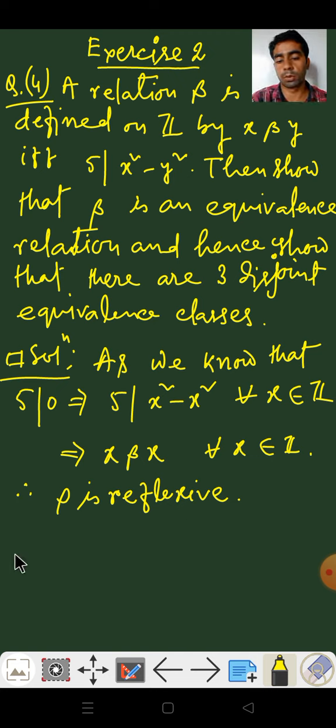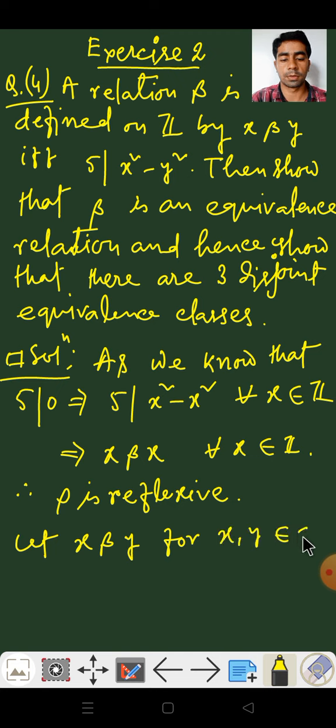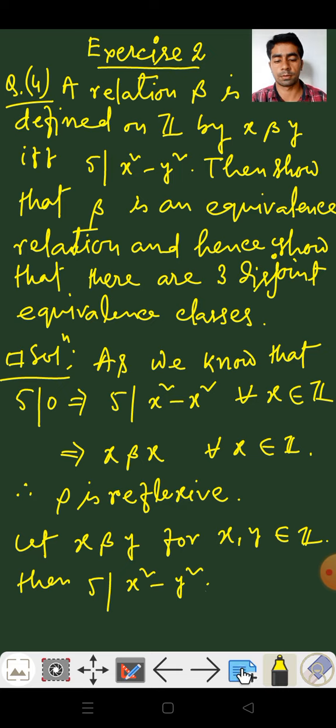Now, to show beta is symmetric, let x is related to y for x, y belongs to Z. Then 5 divides x square minus y square.